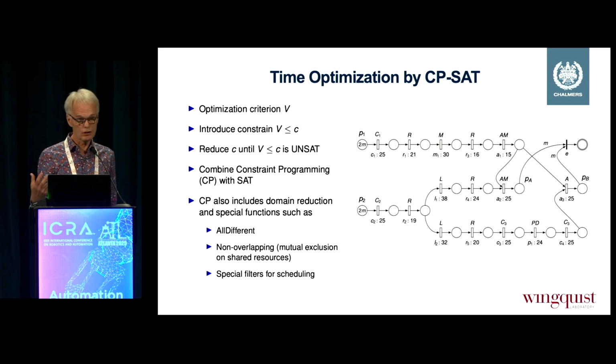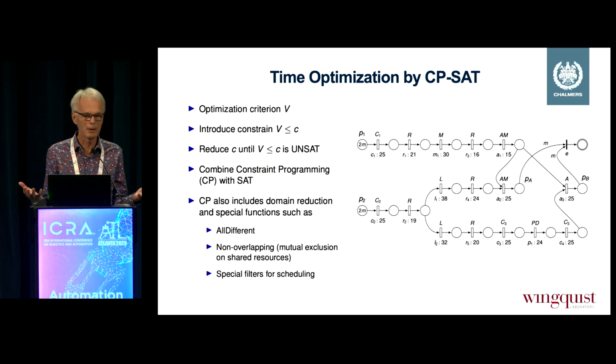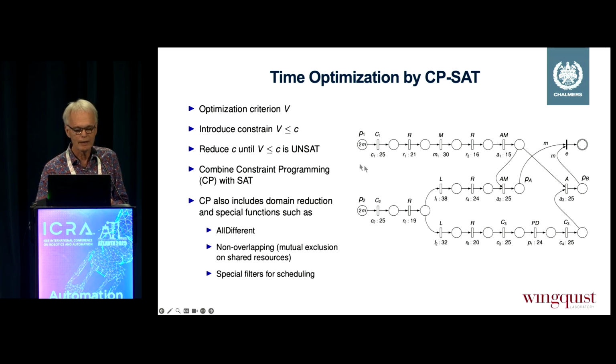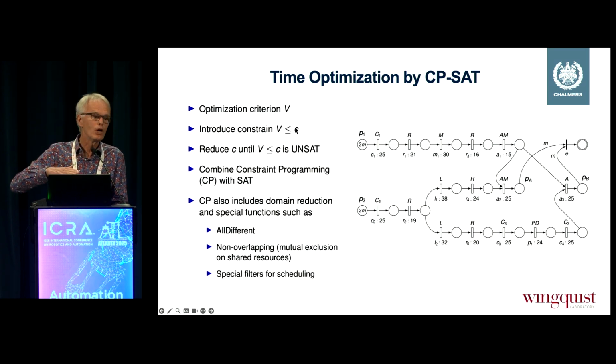And that's a combination of, also in this case, SAT, but also with constraint programming. And how can you use SAT for optimization? Well, you have a criterion, and you put a constraint on that criterion, and if that constraint is satisfied, then you reduce this number C here until you have pressed down so you cannot satisfy this constraint anymore.